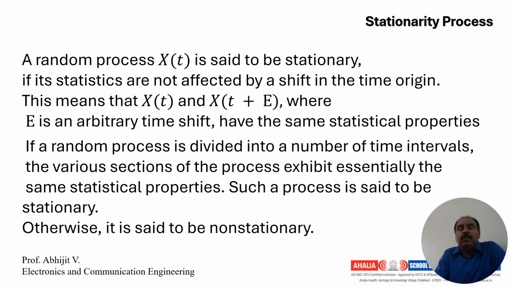If a random process is divided into a number of time intervals, the various sections of the process exhibit essentially the same statistical properties. Such a process is said to be stationary, and the others are non-stationary.